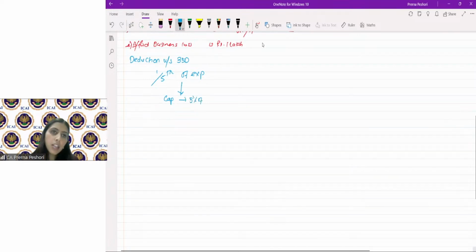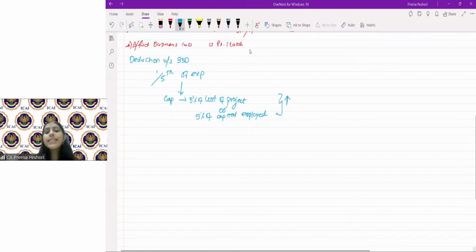5% of the cost of the project, or 5% of the capital employed, whichever is higher.